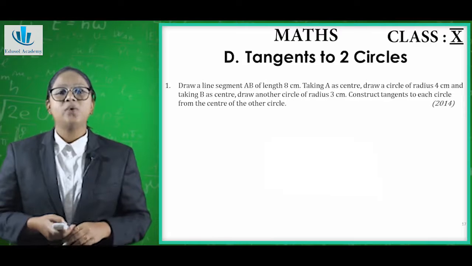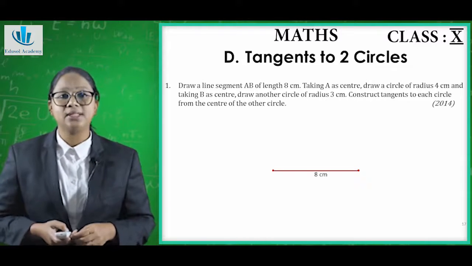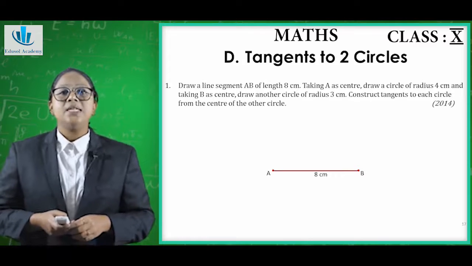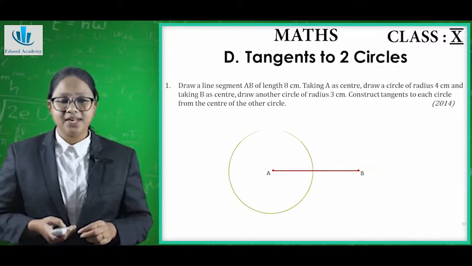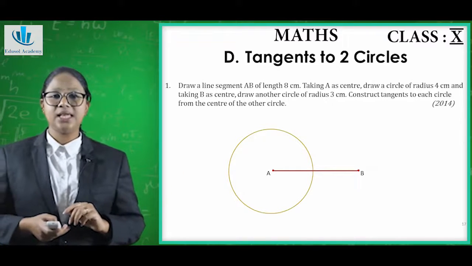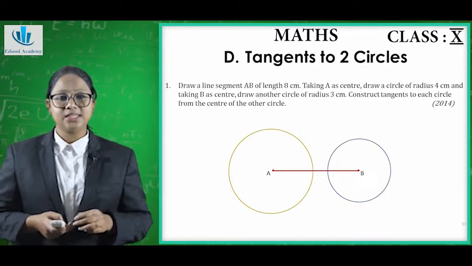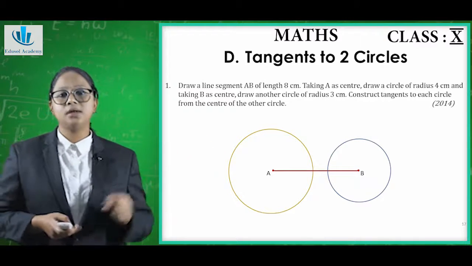Let's begin. We shall begin by drawing the line segment AB with length 8 centimeters. Now with A as center and 4 centimeter radius, we shall draw a circle here. Now with B as center and 3 centimeter radius, we have drawn another circle.